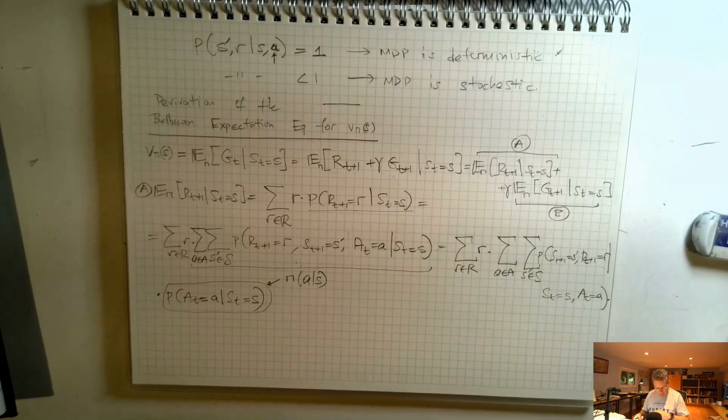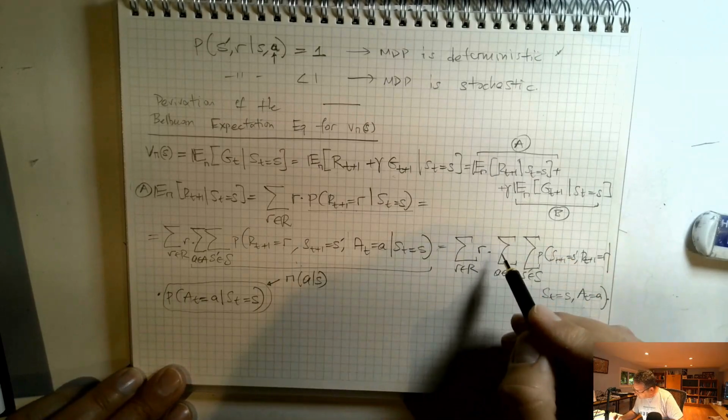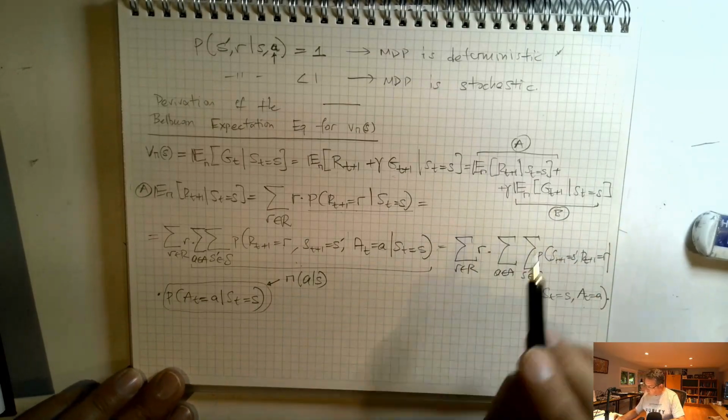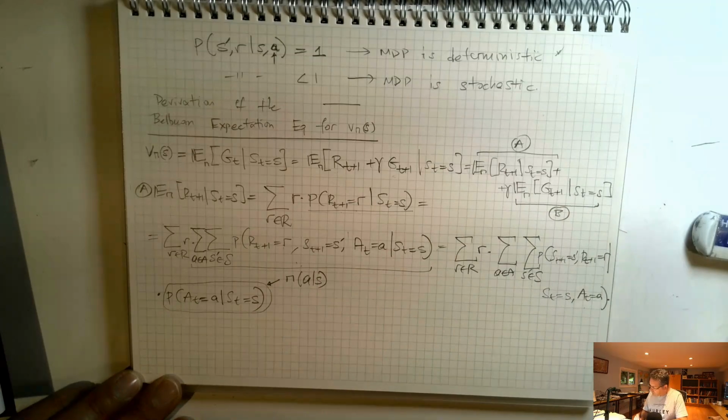Now, the next thing we need to do is to come up with the second term, right? An expression that involves summation with respect to the second term. In other words, replace this expectation again for the second term.